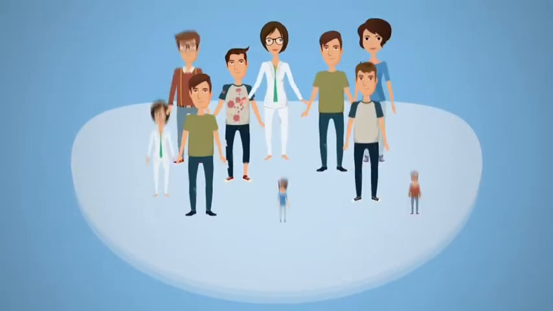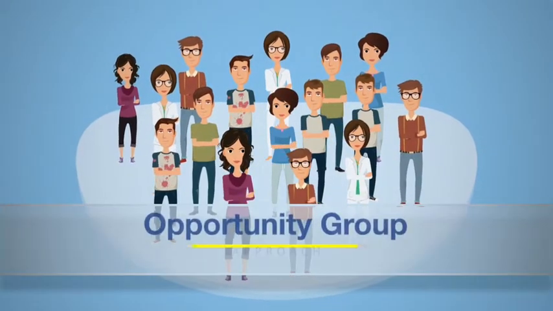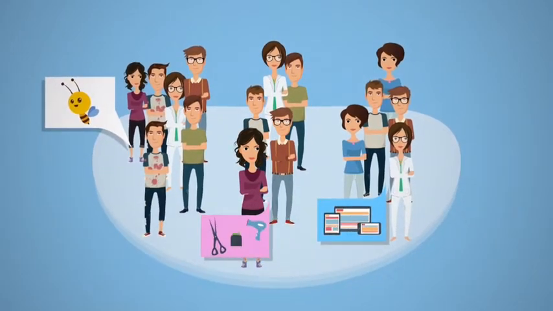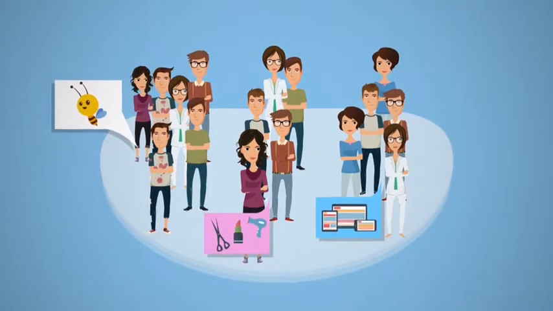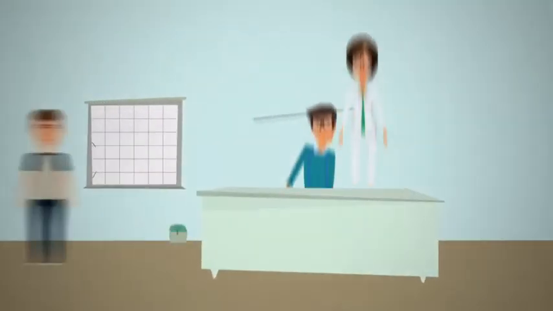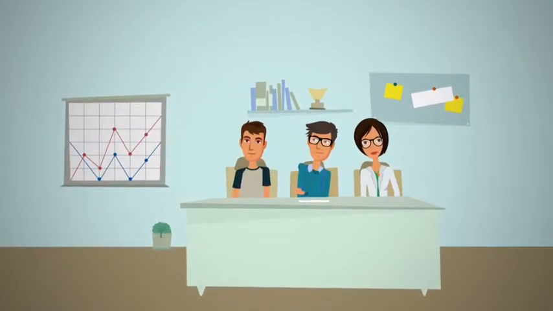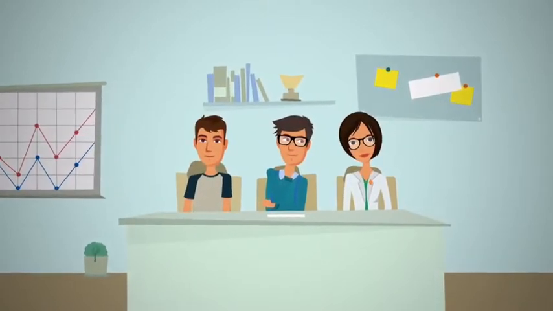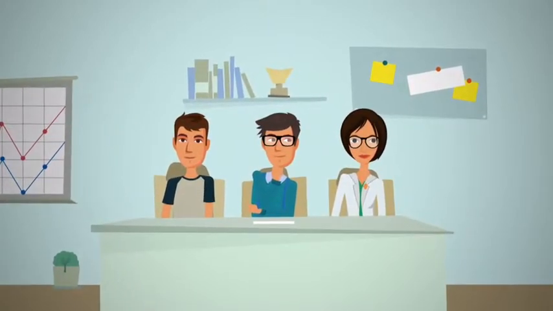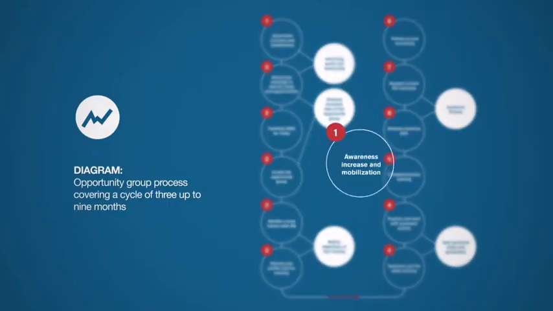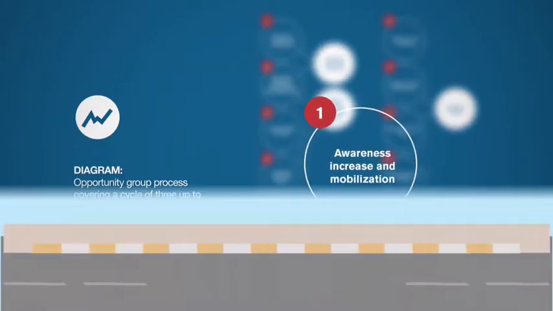Over time, the learning group approach evolved to Opportunity Group or OG approach, adapting to the local context and shifting from the focus on learning to an approach where the income and employment opportunity is at the center and is taken further into a skills development program. Hi, I'm Donna, and I would like to learn more about the Opportunity Group approach. The Opportunity Group approach is a participatory process that guides you through different steps of self-assessment and skills development. It supports young people in job orientation and entrepreneurial initiatives. It starts with the mobilization of the youth and community through awareness meetings.